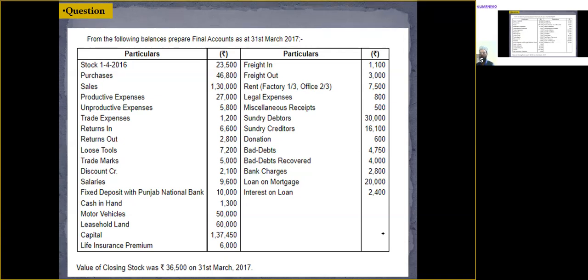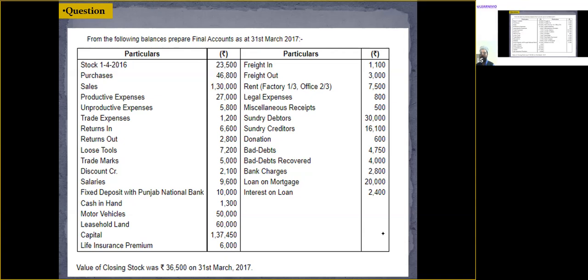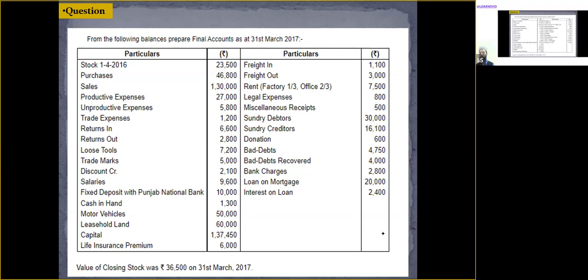Okay. Now the last item we have is closing stock of 36,500. All right, guys. So Alexander will tell me, where we should write the closing stock. Trading account credit side. Correct. We write the closing stock at two places.